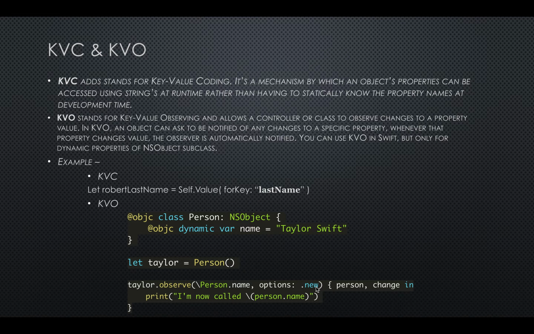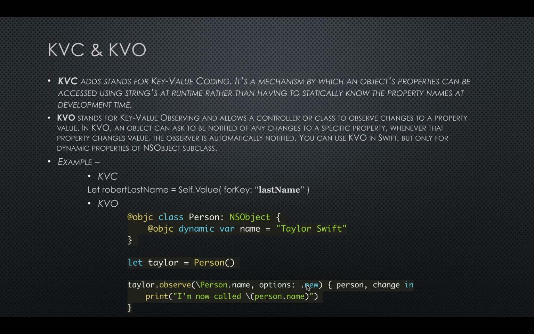If you said .old, then on change of this particular property you will get Taylor Swift only over here, and the new name would be overridden. So even though the name is changed, you will get the old name because you have written options .old.